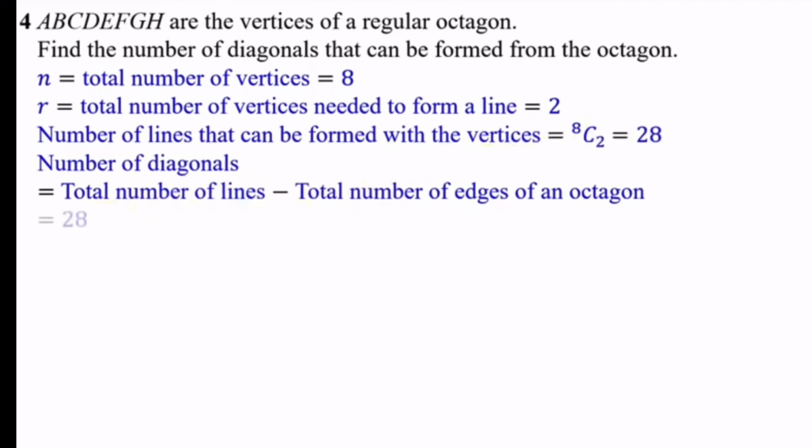The octagon has 8 sides, meaning that we have 8 straight lines, right, which are the edges of the octagon. So in this case, we need to be very careful because not all the straight lines are diagonals. So we have to minus 8, so 20, right? The answer is just 20 diagonals that can be formed from the octagon.